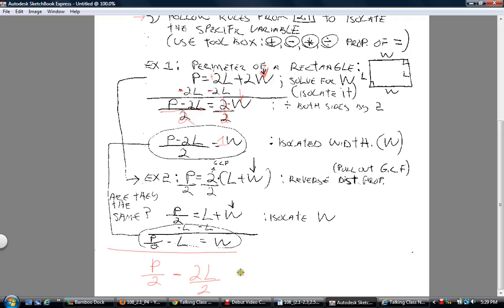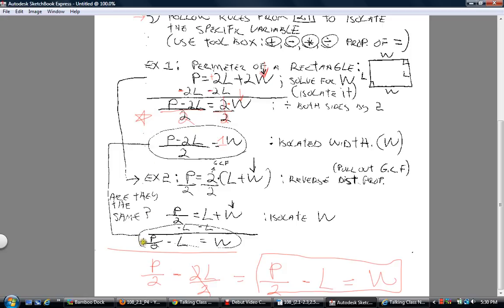That is where a lot of students realize that the 2 over 2 cancels out, and that's equivalent to P divided by 2, the perimeter divided by 2, minus the length, and that would also equal the W from the problem. MyMathLab usually likes to see everything all under one divisor, so this should be the way you take it.